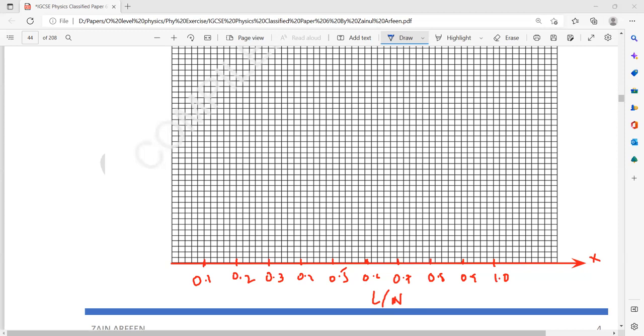Is this part clear? Yes, sir, clear. So here I have 0.1, then after 5, 0.2, this will be 0.3, this was 0.4, 0.5, 0.6, 0.7, 0.8, 0.9, and 1.0.